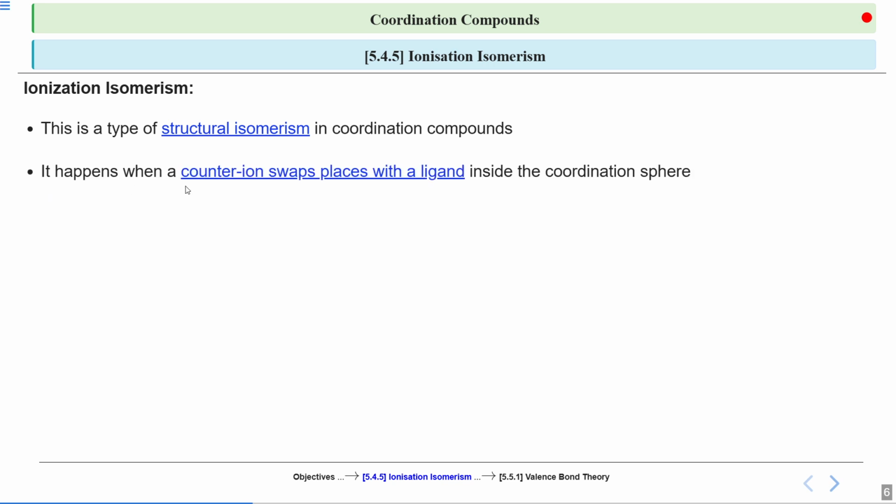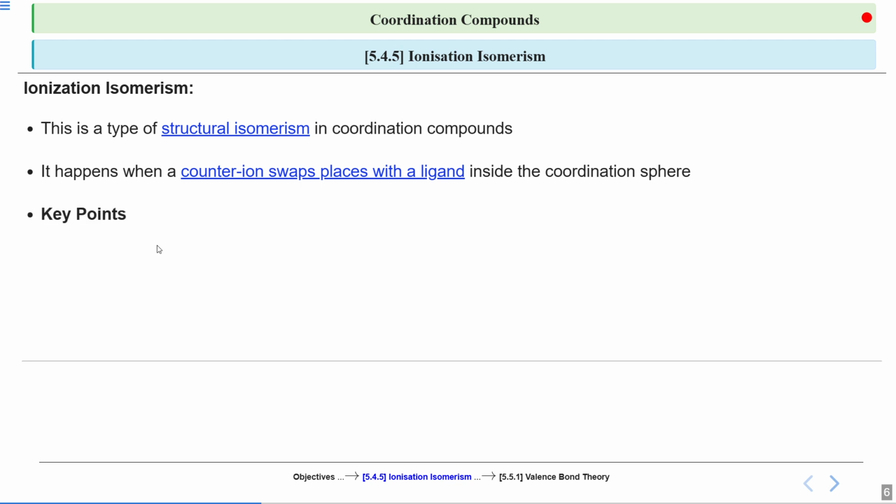It happens when a counter ion swaps places with a ligand inside the coordination sphere. So when inside the coordination sphere, that means the square bracket enclosed part, a counter ion swaps the place with the ligand, then ionization isomerism occurs. We will understand.